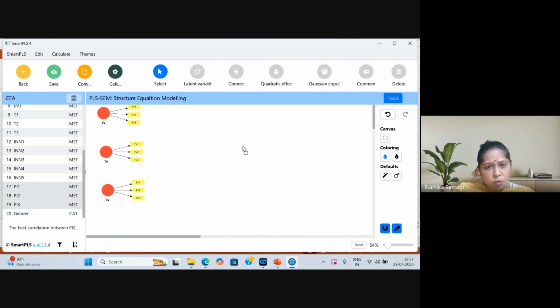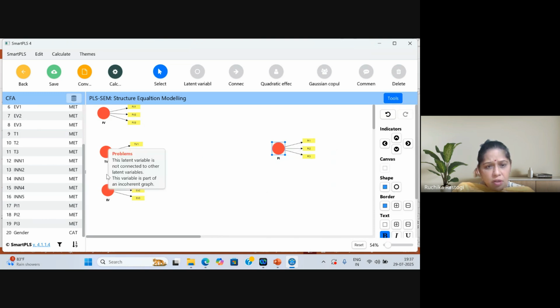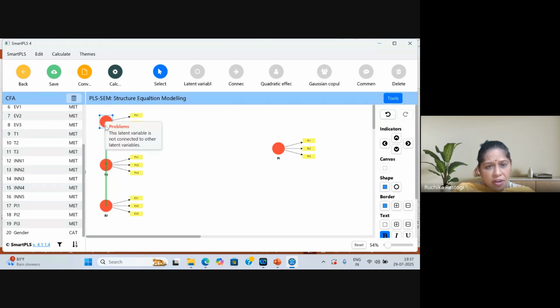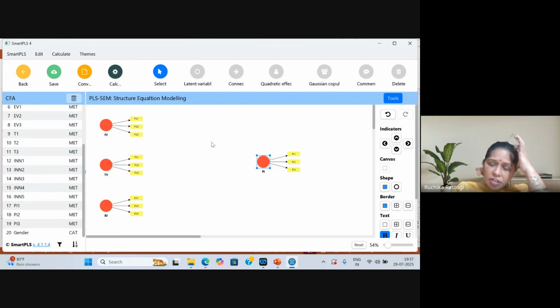My first hypothesis will be into this case. Just create this model only, everyone. Right now, I am not checking any kind of mediation or moderation effect. I am just checking. My first hypothesis is that there is a significant relationship between functional value and PI. I will just simply connect it.